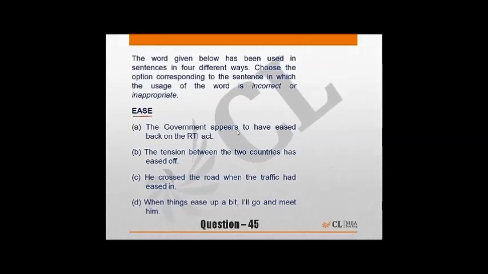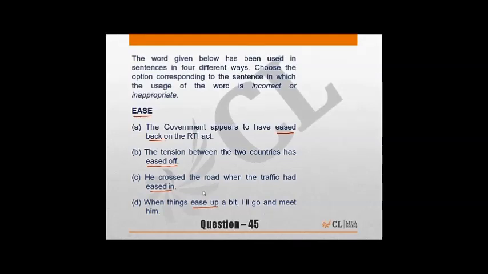Ease. The government appears to have eased back on the RTI Act. The tension between the two countries has eased off. He crossed the road when the traffic had eased in. When things ease up a bit, I will go and meet him.